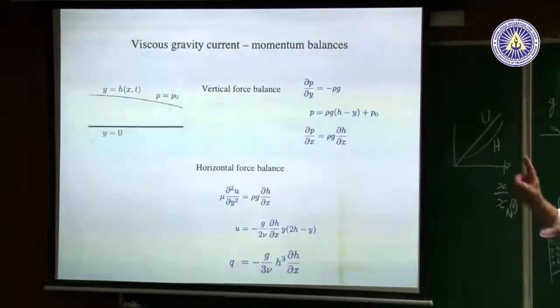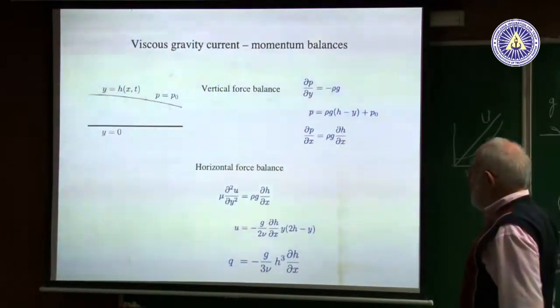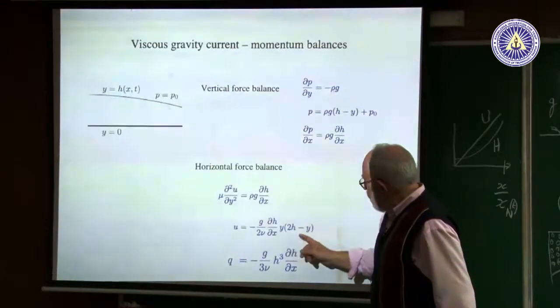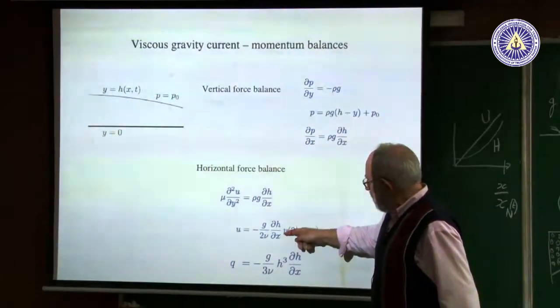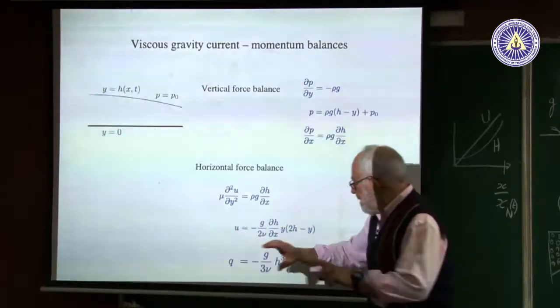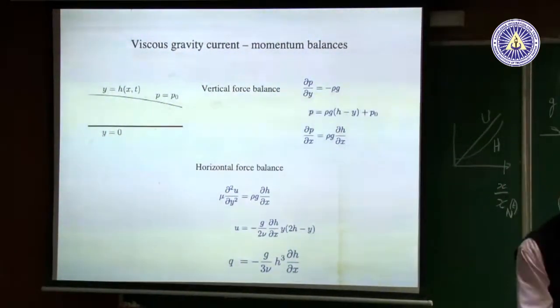We only have to consider the y component because it's a thin region that's spreading. That gives you this velocity profile, 0 shear at y equals h, 0 velocity at y equals 0, and that gives you the flux in terms of h by this relationship.